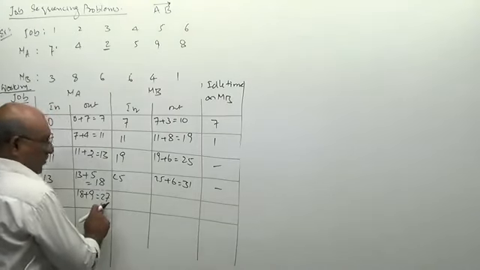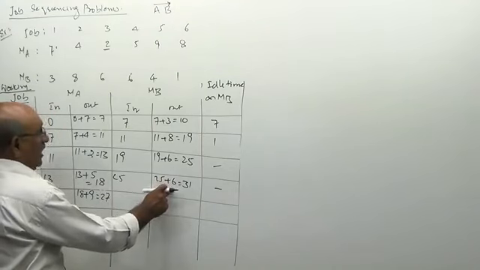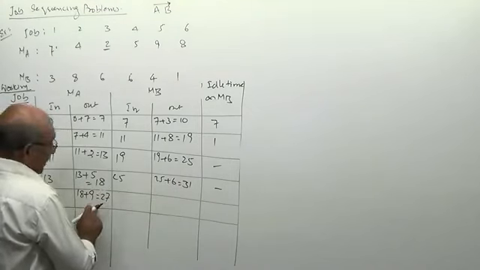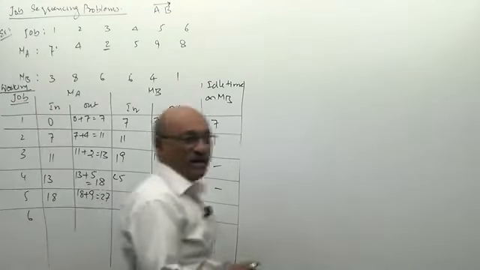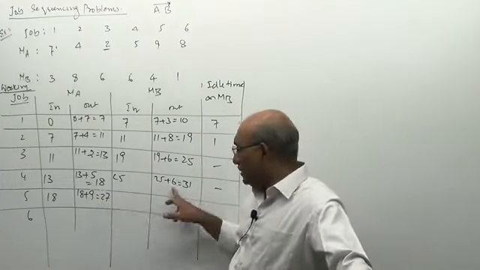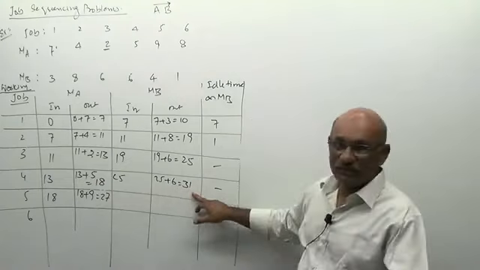Now, again, the same situation. Machine B is busy with the previous job till the end of the 31st hour, whereas job number 5 is free from machine A at the end of the 27th hour. At what time can machine B accept job 5? Only at the end of the 31st hour.